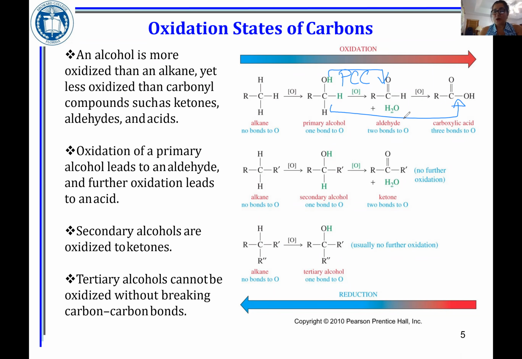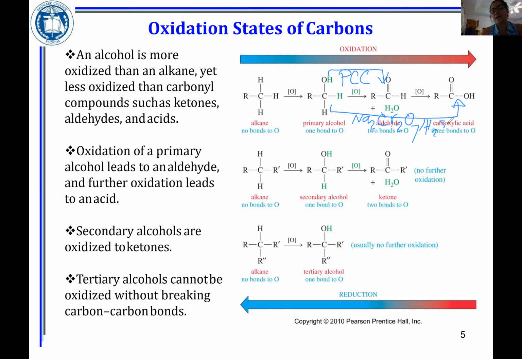In this case, because it's a two-step oxidation, you have to use a strong oxidizing agent. Examples: hot permanganate is a strong oxidizing agent. To give you another name to make it familiar, sodium dichromate, Na2Cr2O7, with H2SO4.